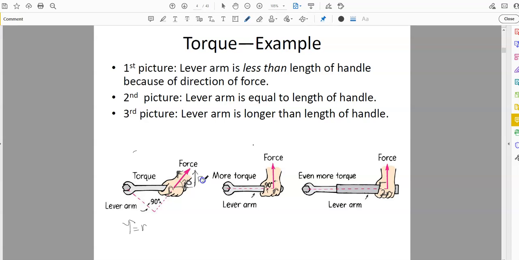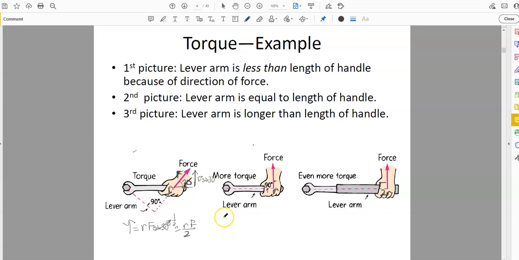That F sine of 30 degrees is actually going to contribute to the torque. So this distance to here is going to be R, and this is going to be F sine of 30 degrees. Well, the sine of 30 degrees is actually 1/2. So this is going to be F times 1/2, which is F over 2. So RF over 2. Okay?